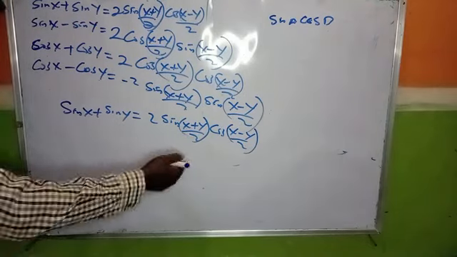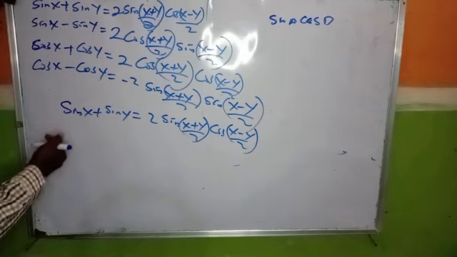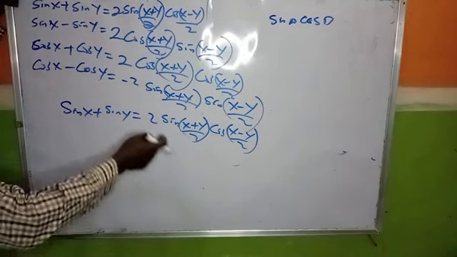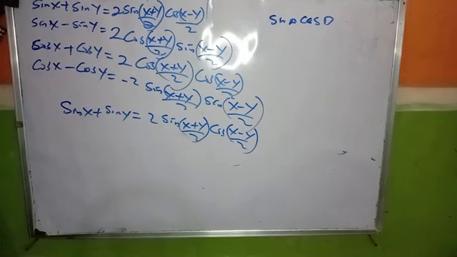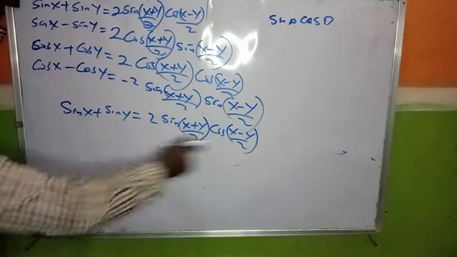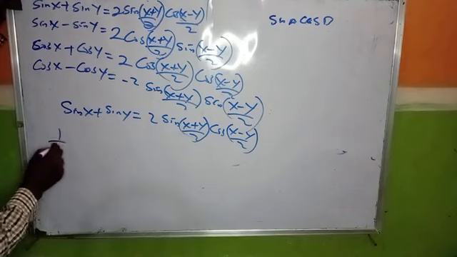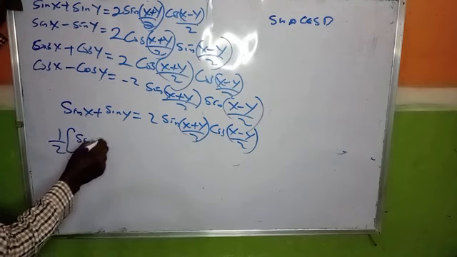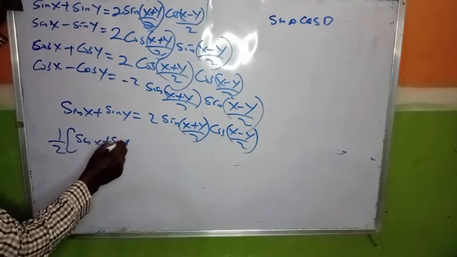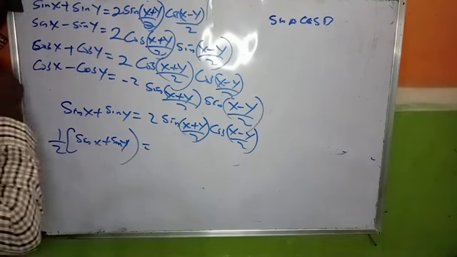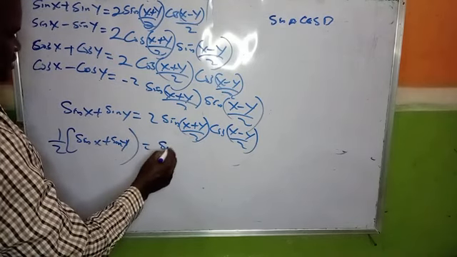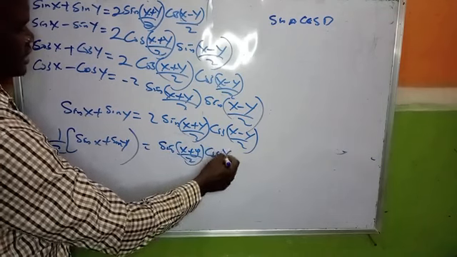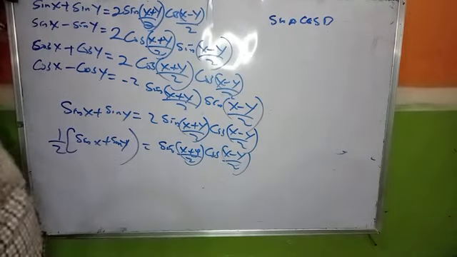What you simply do is multiply both sides by 2, or you divide through by 2, and you will have one half of sine x plus sine y equal to sine (x plus y)/2 cos (x minus y)/2.